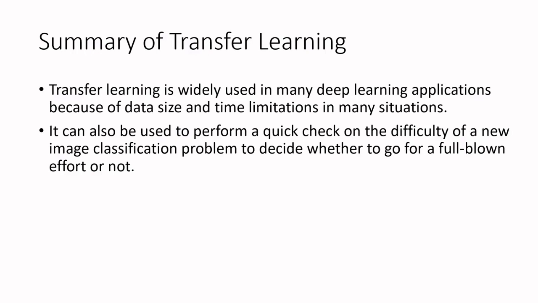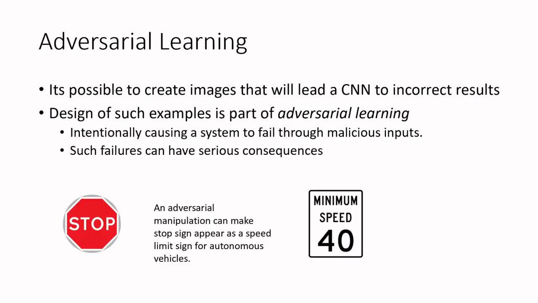One can also use transfer learning to perform a quick check on the difficulty of a new image classification problem to decide whether you want to go for a full-blown effort or not. Because if transfer learning doesn't give you very good results, then you might need to collect more data and maybe train the network from scratch. So it depends on the problem. It kind of gives you a quick check. So that's basically what I had to say about transfer learning.